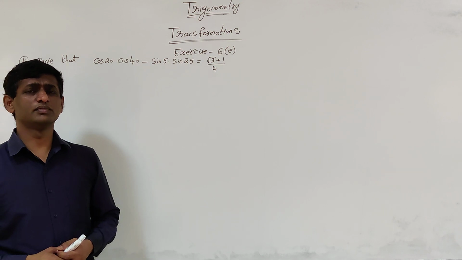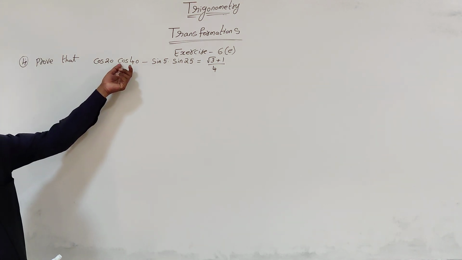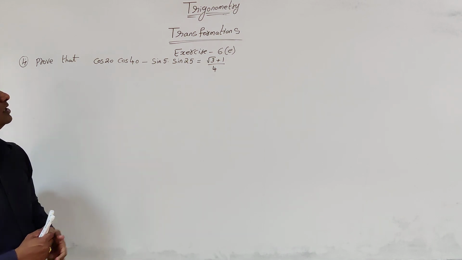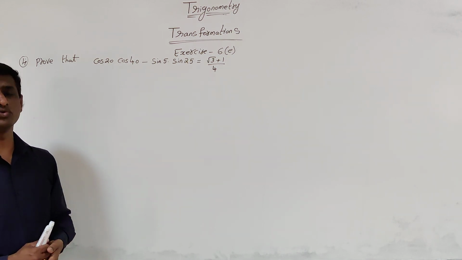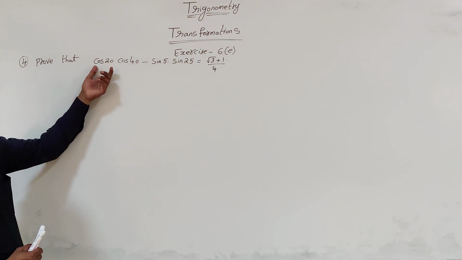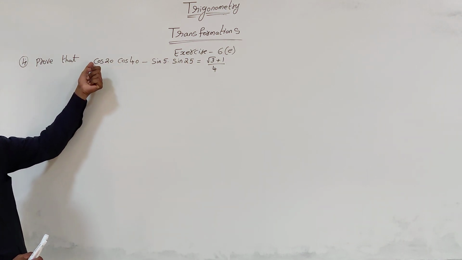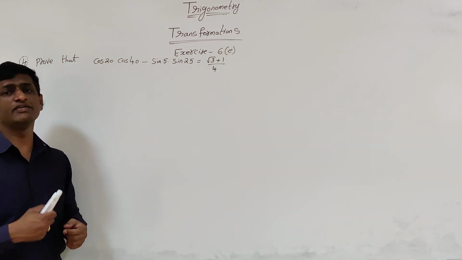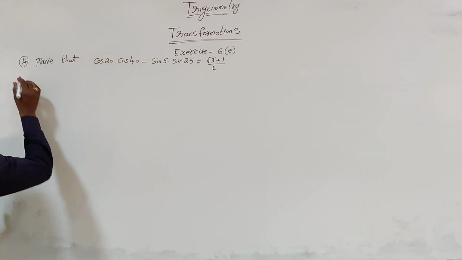Next problem: prove that cos 20 cos 40 minus sin 5 sin 25 is equal to (root 3 plus 1) by 4. Now it is a product but the 2 is missing, so in order to get 2 we have to multiply and divide by 2. So we will see the proof.